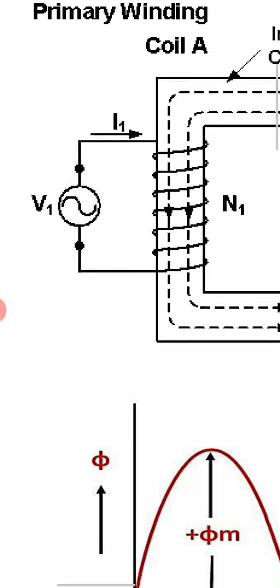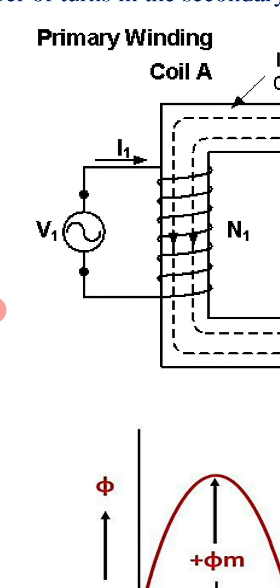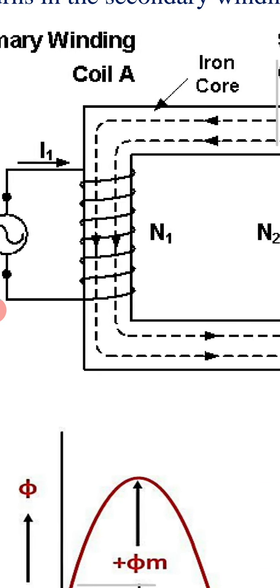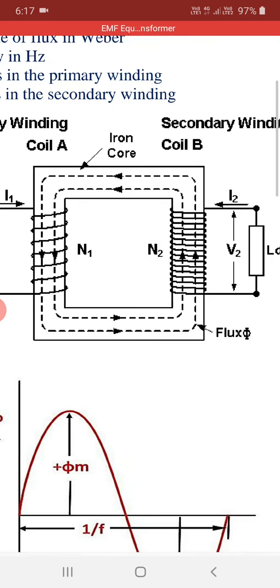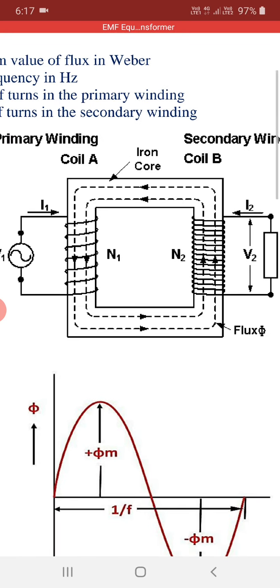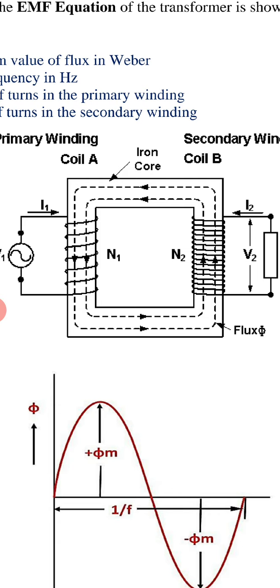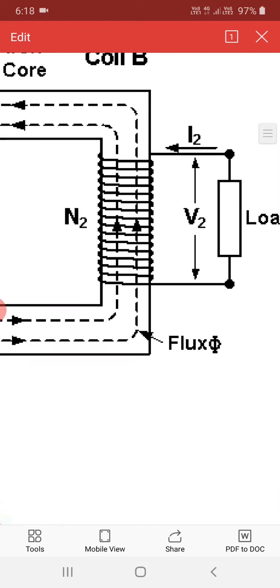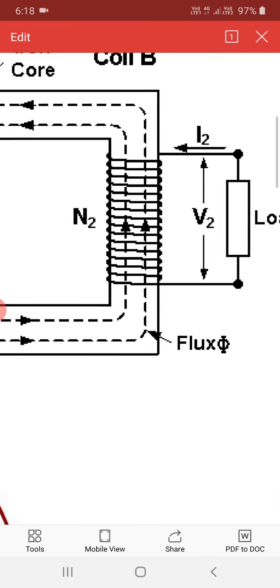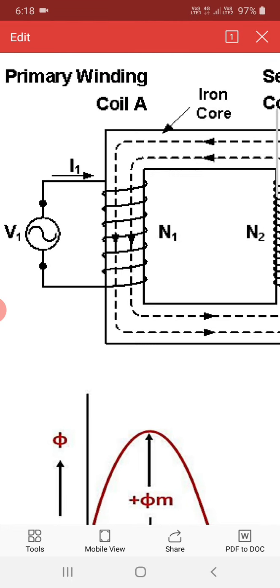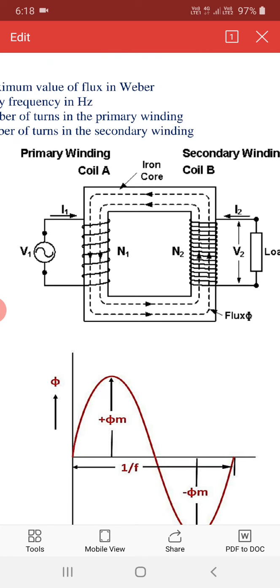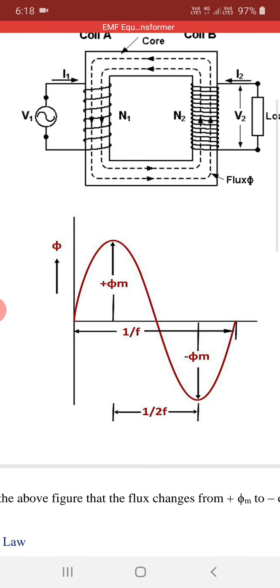When we supply V1 voltage across its terminals, current I1 flows through the coil, which sets up a flux phi in the iron core. This flux links with the secondary circuit having N2 number of turns. It also links with the primary circuit. So when this flux links with both the circuits, it results in induced EMF in both the windings.